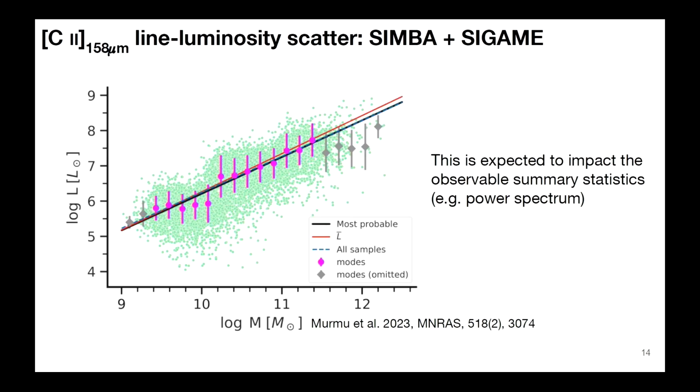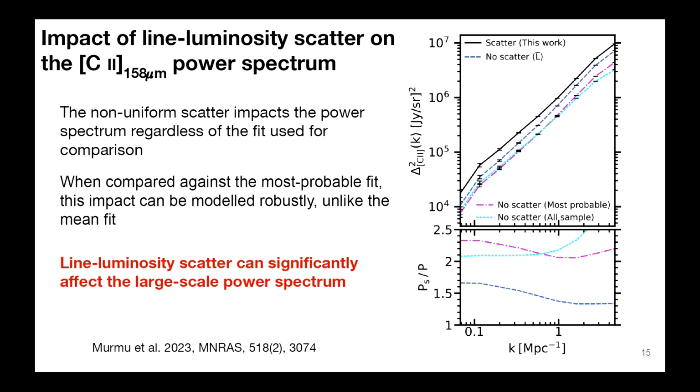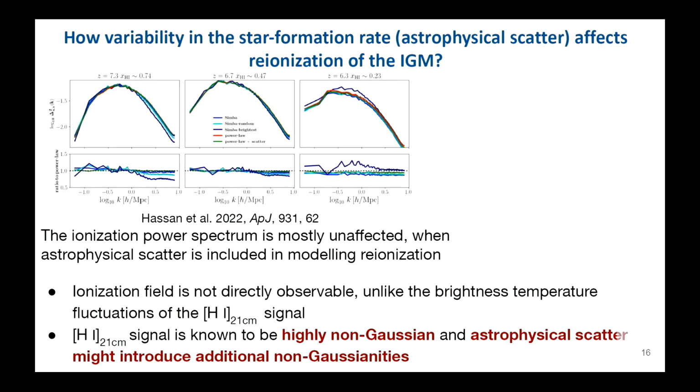One is with the mean, one is with the most probable fit, etc. But nevertheless, the most important outcome is that when you look at the auto power spectrum of the C2 signal, if you do not include the scatter, then you are underestimating your signal by more than 200%, sometimes 250% or so, depending on the scale and depending on the model of the scatter that you implement. So, one should take into account this particular scatter.